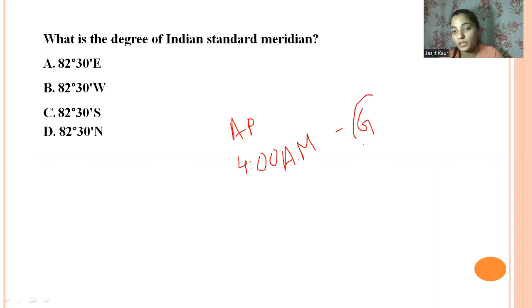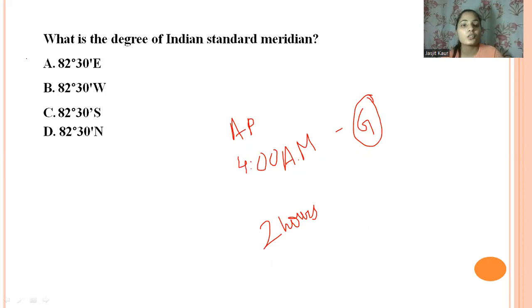You have to calculate this and tell me in the comment section, and I will be checking your responses also, to see whether you have understood the concept or not. You just have to remember that there is a 2 hour difference between both the states. So this is your practice question and you have to tell me the answer in the comment section.